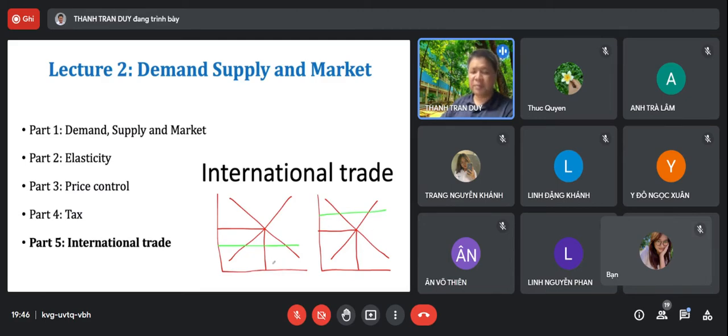So for the same product, if the world price is lower than our price, what should we do? We have a shortage, right? It's different from price ceiling, price floor. It's similar to price ceiling, price floor, but it's not price ceiling, price floor.